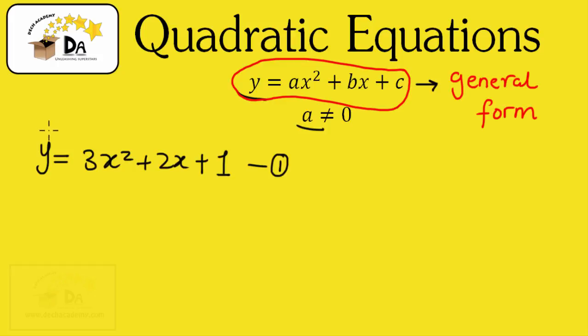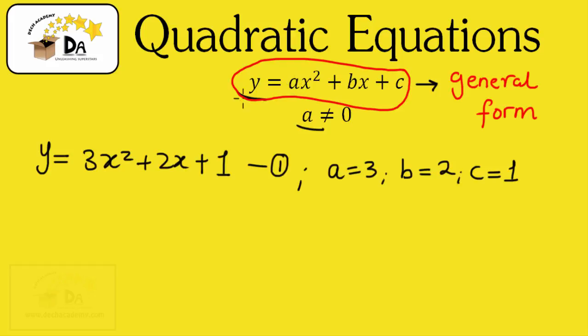Now, just comparing equation 1 to the general form, you can tell that a is 3, b is 2, and c is 1. Now, x squared is a variable term which appears here and also appears here. The coefficient of x squared here is 3. The coefficient of x squared in the general form is a.